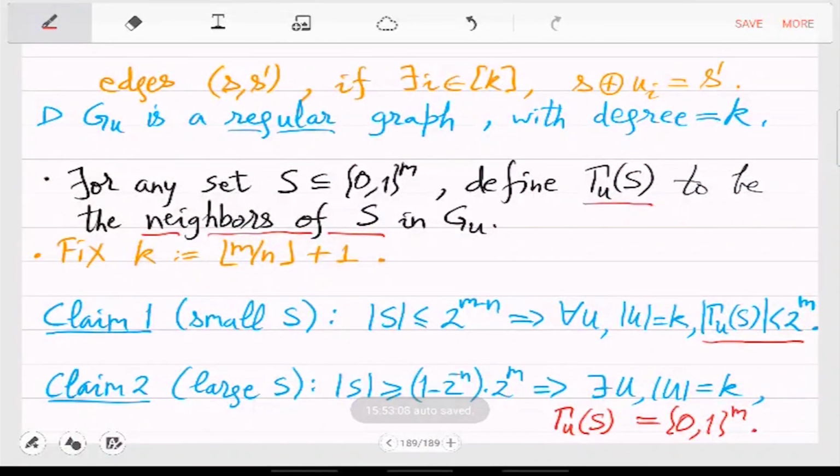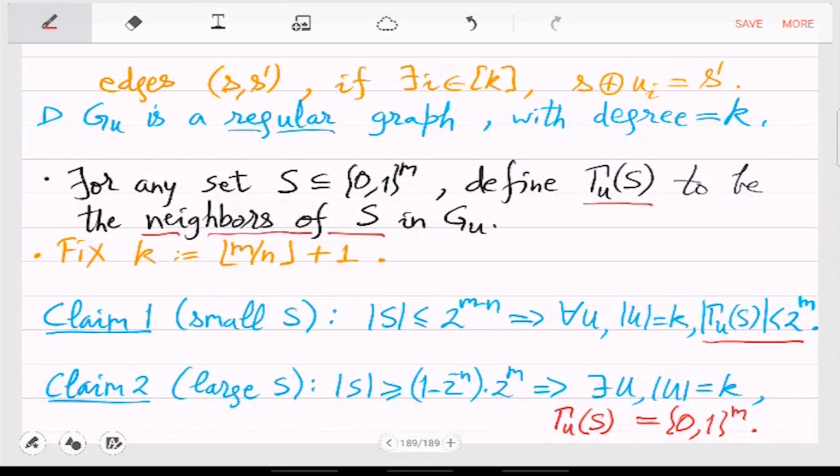Okay, so this is how the size of the set tells you about this expansion property of GU.